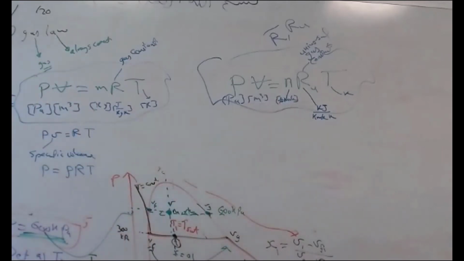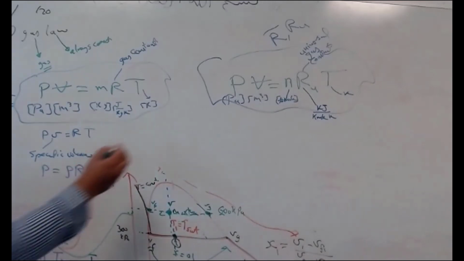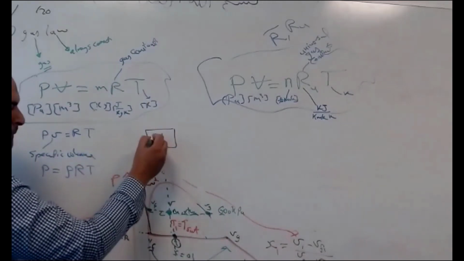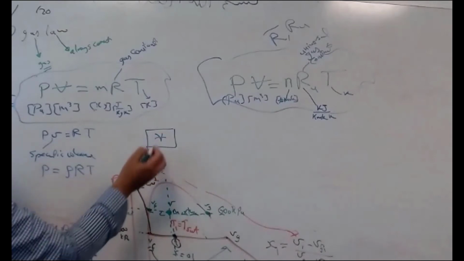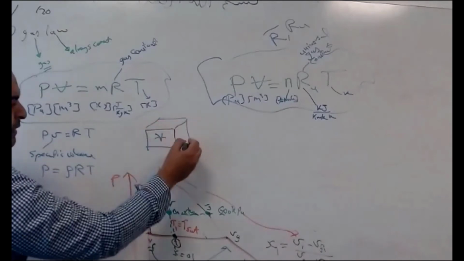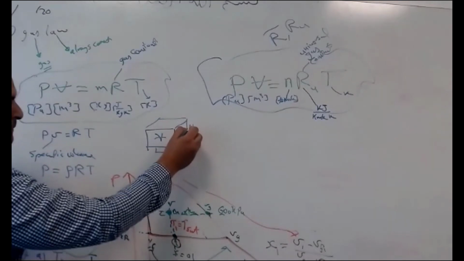So many people, unfortunately, do not like number of moles. Guys, number of moles is so simple. It's like this. I have a space like this, V. You say, for example, this is length by width by height.